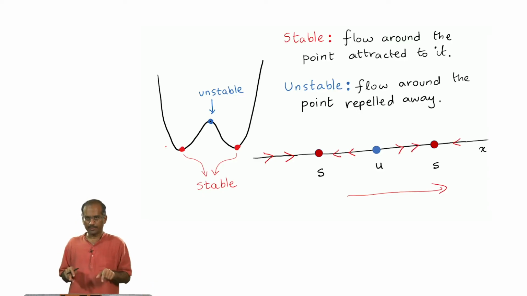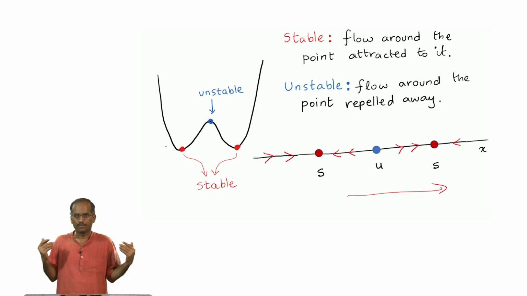So, you can see that everything is moving towards the red points which are stable, and everything is moving away from the blue point which is unstable. Which is why your marble is never going to settle at this unstable point. It requires an infinite amount of precision to be able to balance a marble on a hill like that.